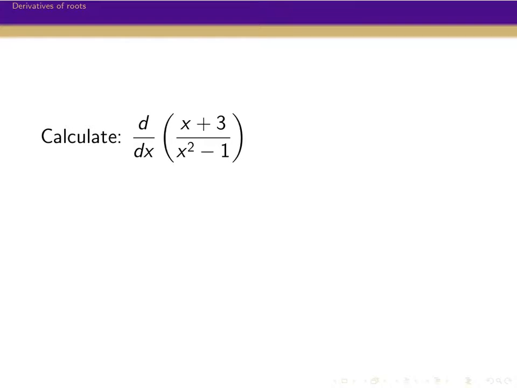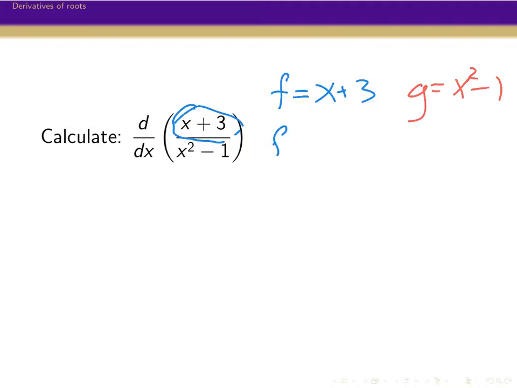Okay. So let's do one example, go through and see how this works. Now that we've got this done, we can just start plugging away. So what's our top function here? x plus 3. So let's call that f. Our bottom function is x squared minus 1. Okay, so now that we have this broken up, we can take the derivatives of these individually.